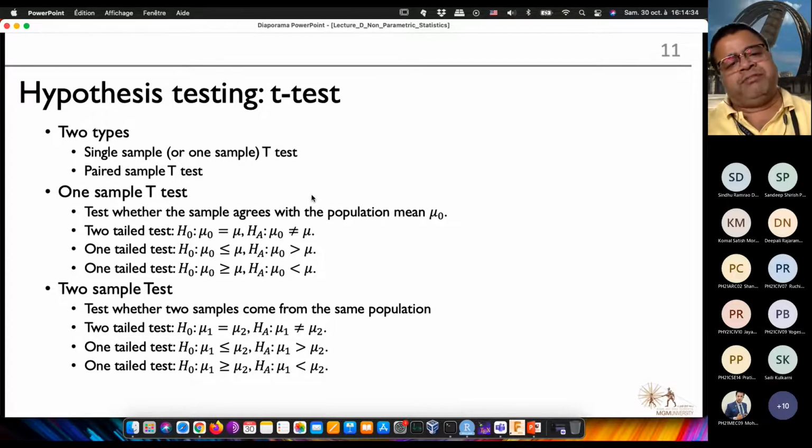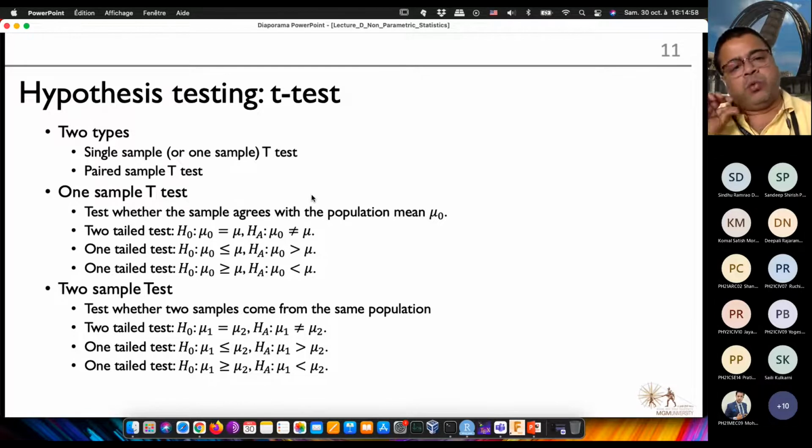So whatever values you need, you have to read from the t table, which is in the statistics book. In case you do not have the t table with you, you can use R and the values can be calculated directly.